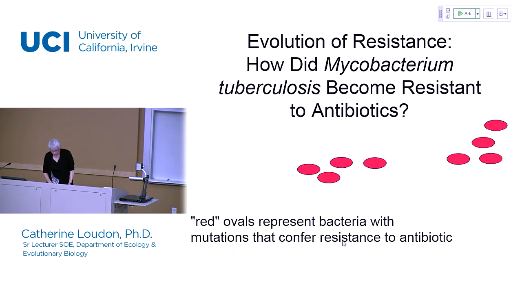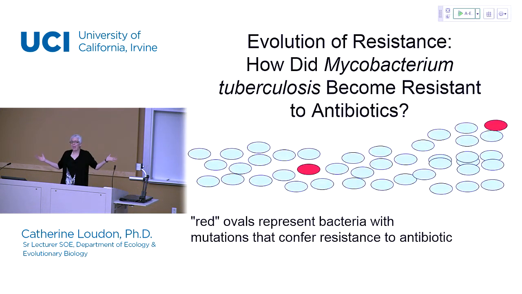Now, one really important thing to note here that students often miss is that the antibiotic did not cause the mutation. The mutation was already there. Let's go back in time before we even added the antibiotic. Here we are. The bacteria with the mutation were already there. The antibiotic is not causing the mutation.